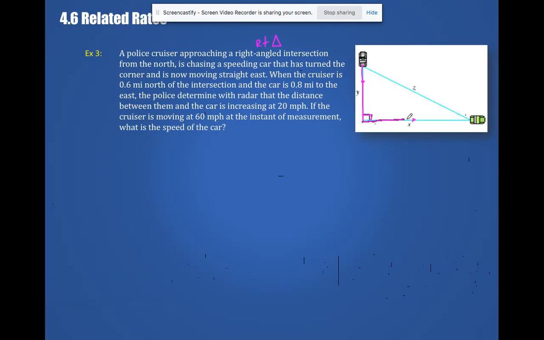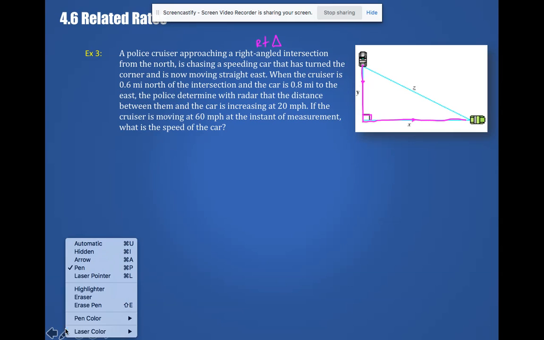So I drew a straight line right to the east. I labeled them x and y, but I don't have to. I could have named this P for police car and S for speeding car. When the cop car is 0.6 miles, so when is time, right? There's my time.